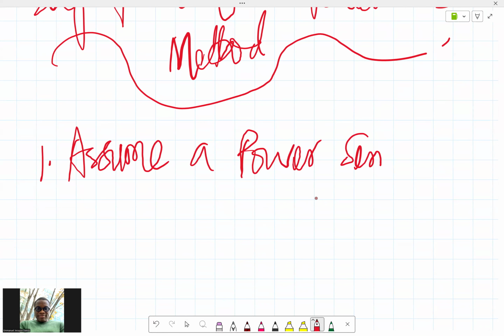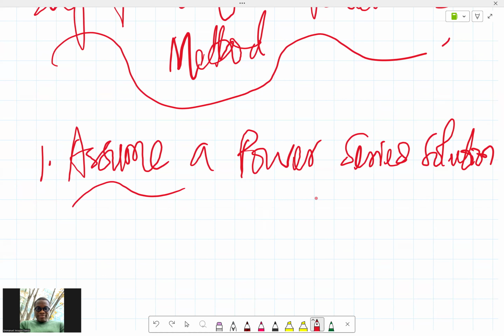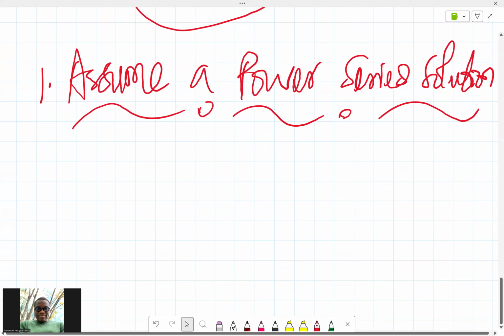That is the essence. It's just like in the case of the characteristic equation method, when we solve a homogeneous equation: you assume that the solution is y equals e raised to power rx, and if you substitute that, you get the characteristic equation, which you solve to find the values of r. Here you assume a power series solution.